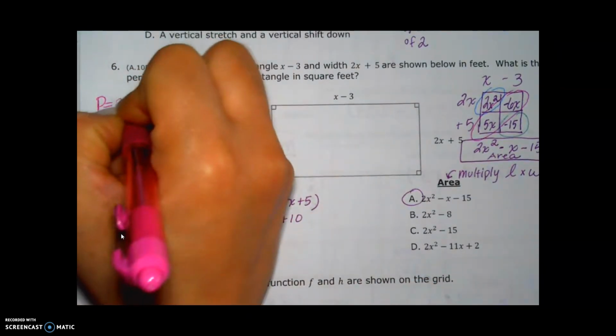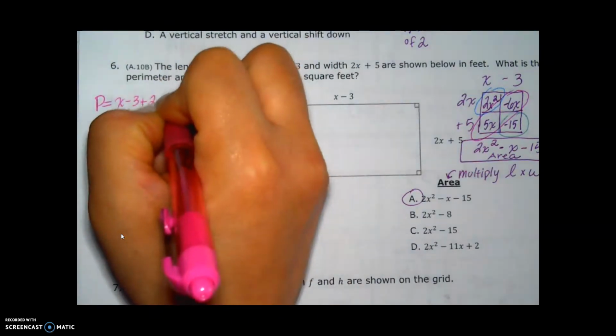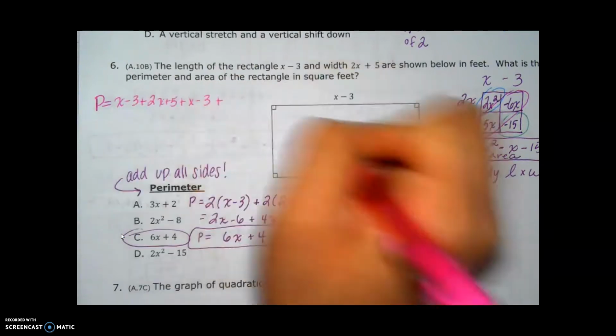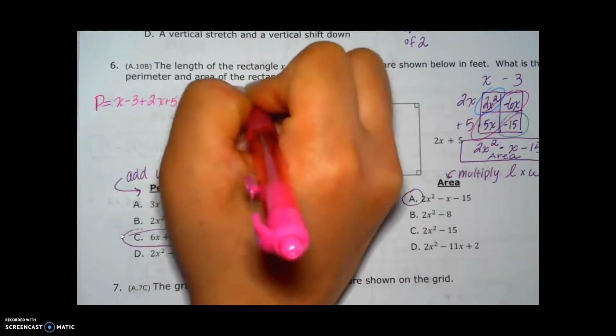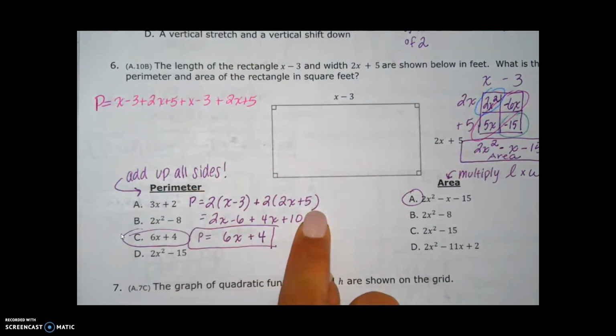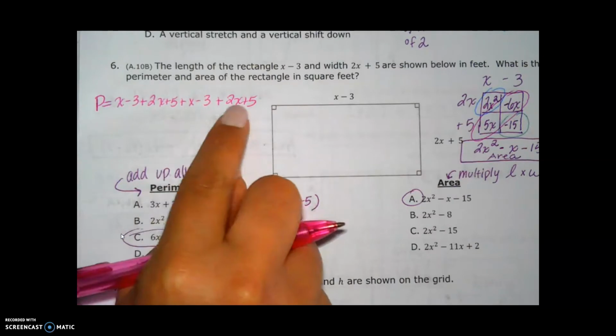x minus 3 plus 2x plus 5 plus x minus 3 plus 2x plus 5. Again, this is the exact same thing I did here. I just kind of took a shortcut. So I would collect all my like terms. Let's see, 2, 3, 4, 5, 6.